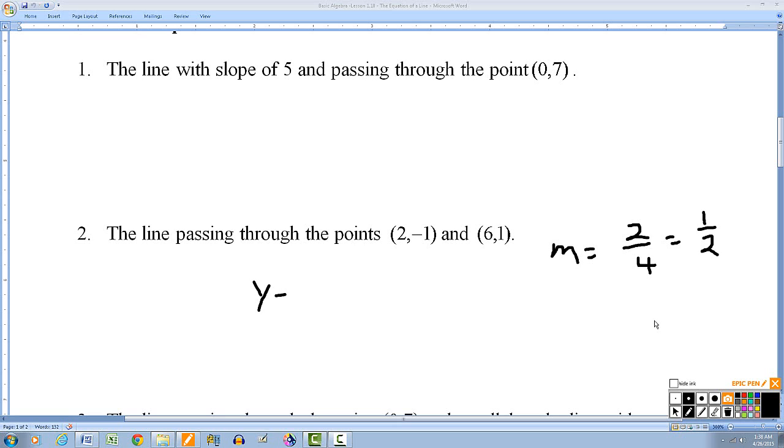So I'm going to use (6, 1), so this would be y minus 1 should equal the slope m, which is in this case 1/2, times, so I'll put this in parentheses, x minus x1, which in this case x1 is 6. So that's your equation, and that's written in the point slope form.